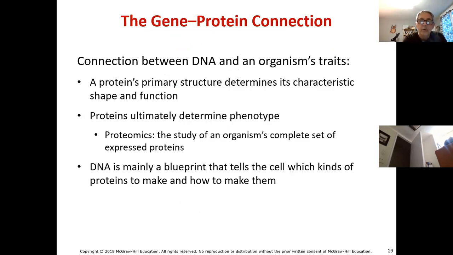So the gene-protein connection, the connection between a DNA and an organism's traits. The protein's primary structure determines its characteristics, shape, and function.